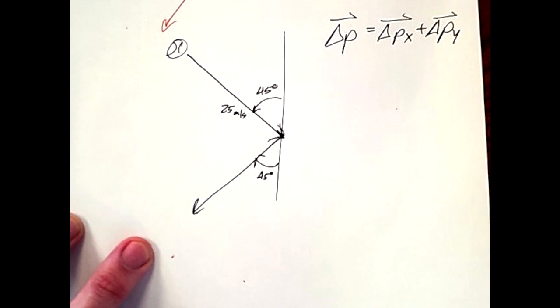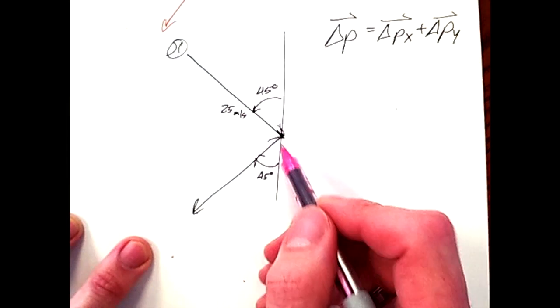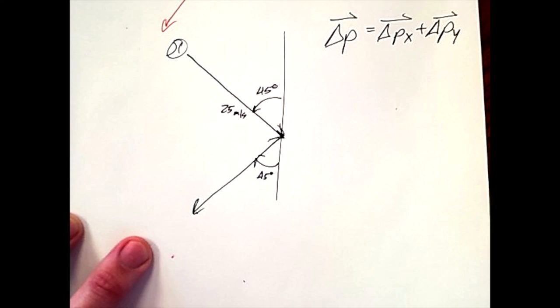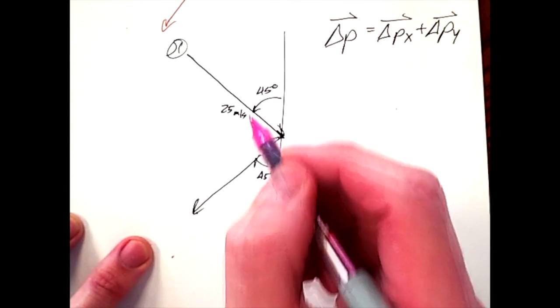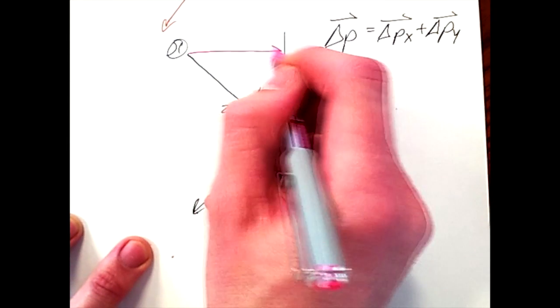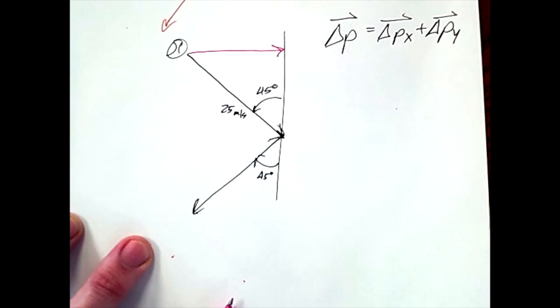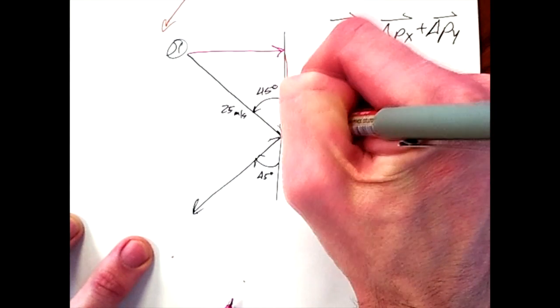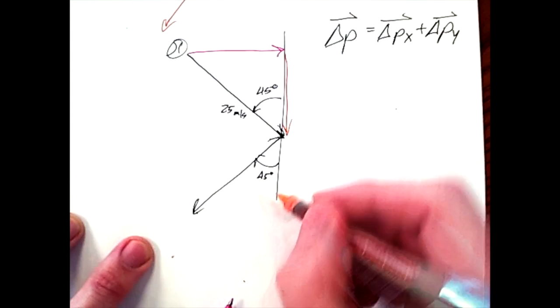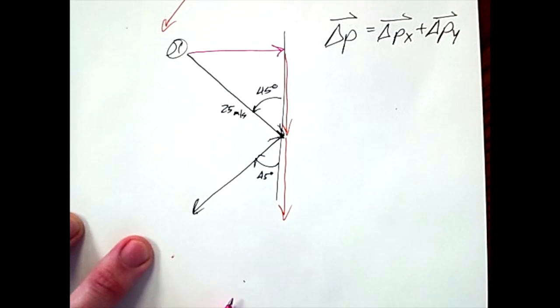So just like we saw before, I'm going to draw each one of them as perpendicular components. I'm going to say that this one is pointed to the right and down, and this one is pointed down and to the left.